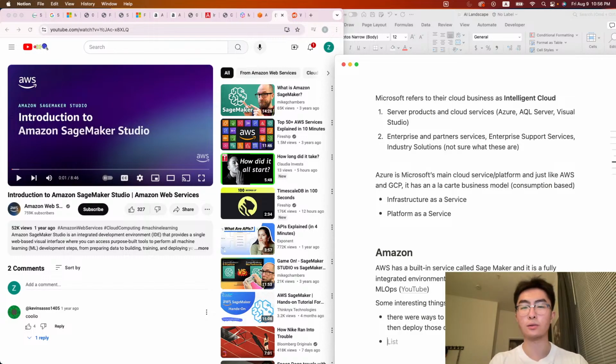So it seems like the inference and load management is all done by AWS. Load management, I guess, refers to the number of inferences that you're making.